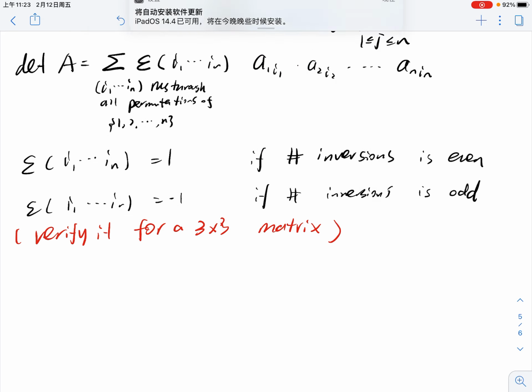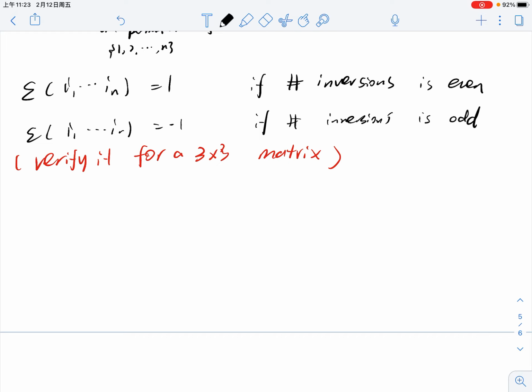Okay, another common notion is that when epsilon of i1 to in equals 1, or the total number of inversions is even, we call i1 to in an even permutation.